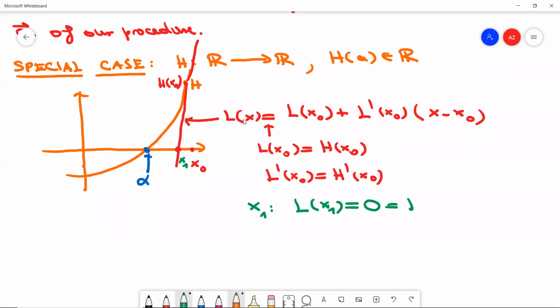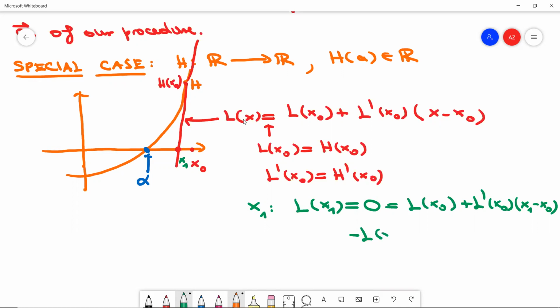So this is L of x naught plus L prime of x naught times x1 minus x naught. Our unknown is x1, so we leave x1 on one side and put every other constant on the other side.